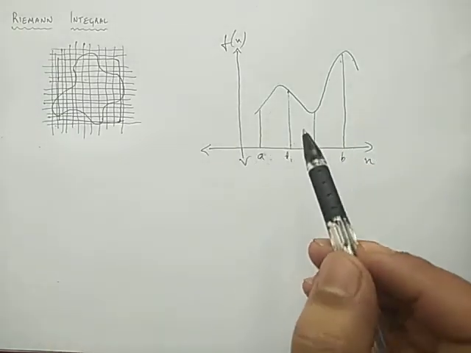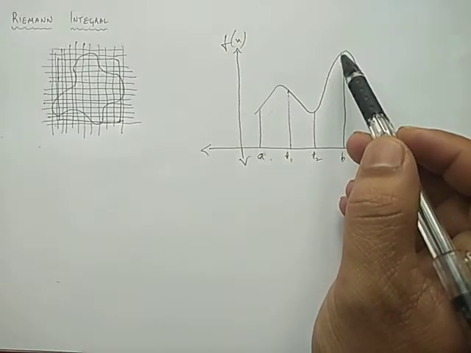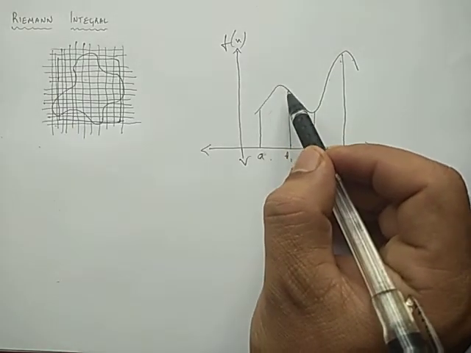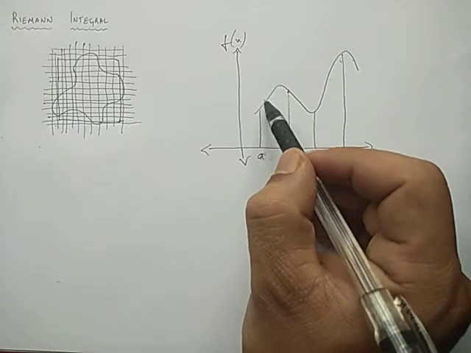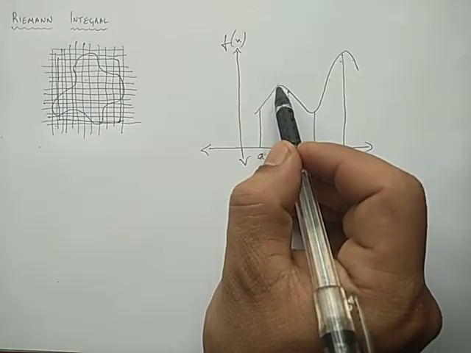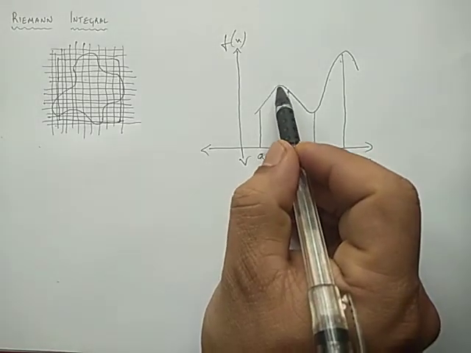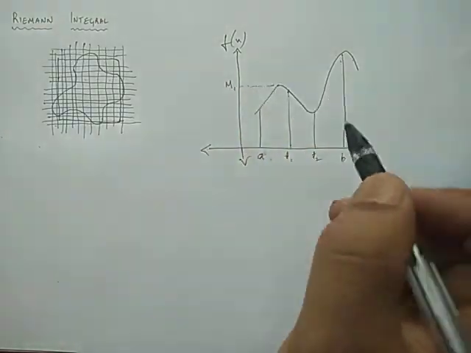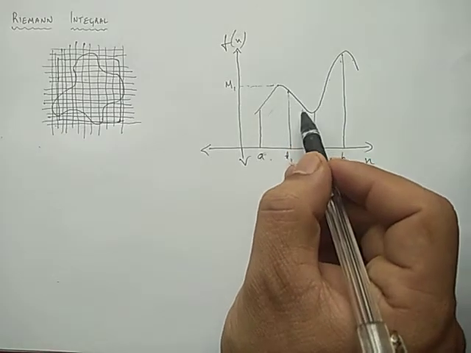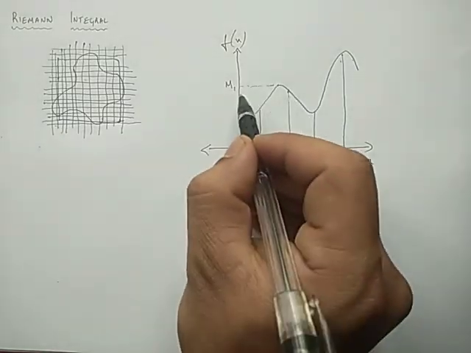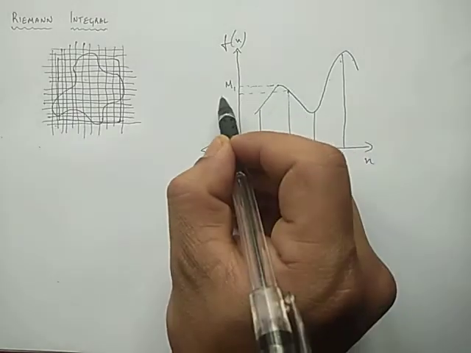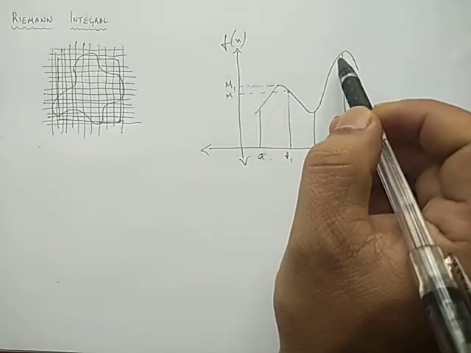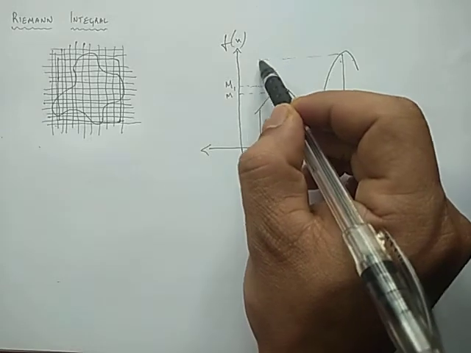Then in order to find the rough area, suppose this function f of x has a maximum M1 in this interval, a maximum M2 in this interval, and in this interval T2 to B, the function has a maximum M3 here.